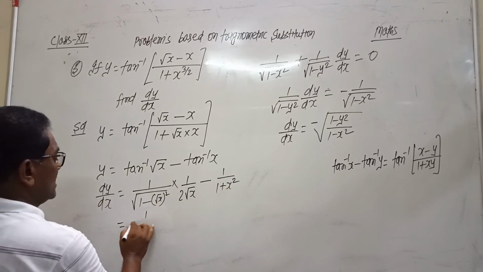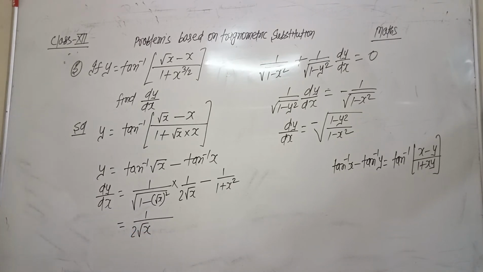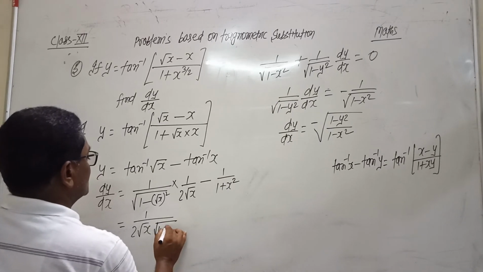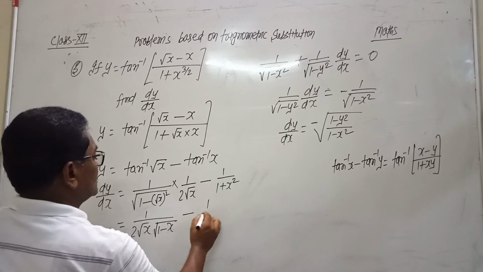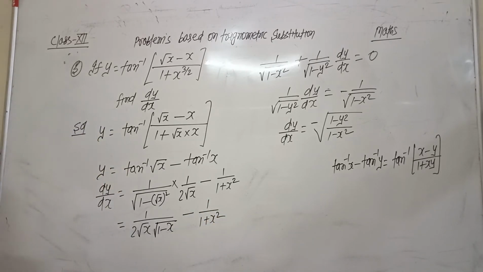So it gives 1 upon 2 root x into 1 upon 1 plus root x the whole square, minus 1 upon 1 plus x square. So this is dy by dx.